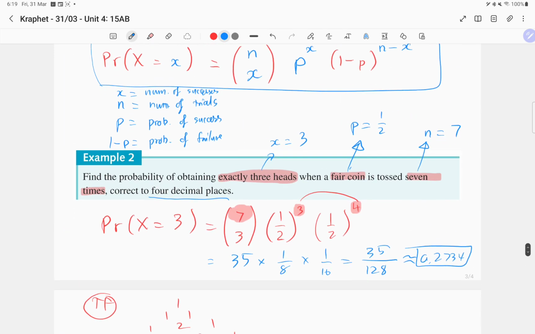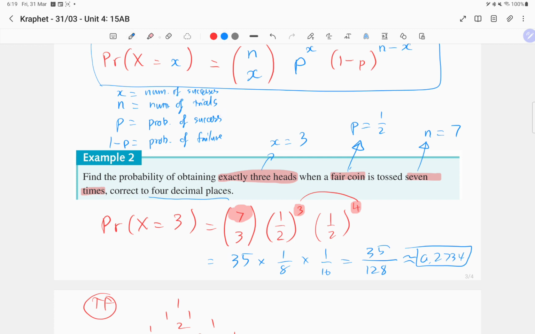So X is 3, the number of trials is 7, and P, the probability of success, is 1/2 or 0.5. Go down to execute. 0.273438. Cool.